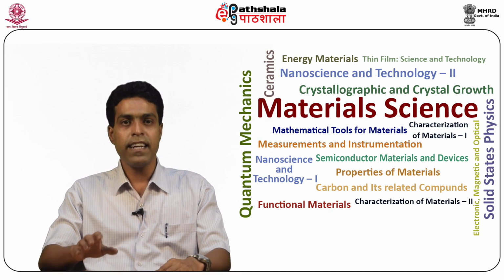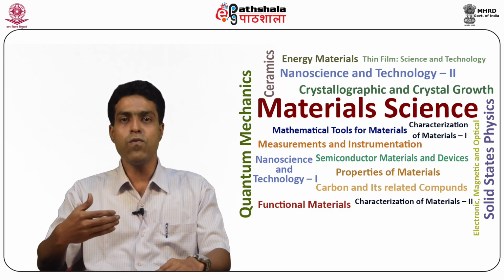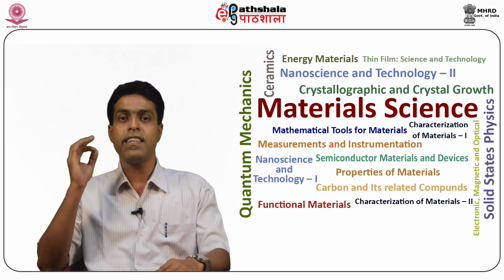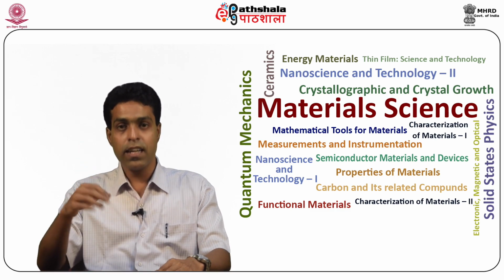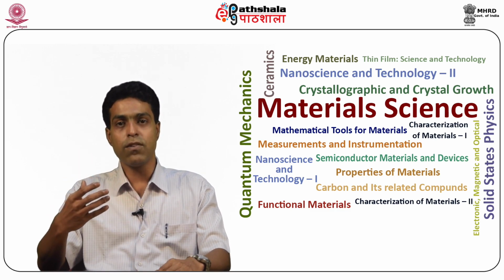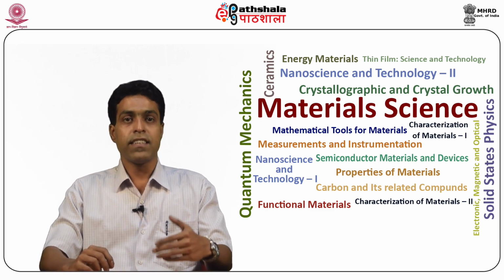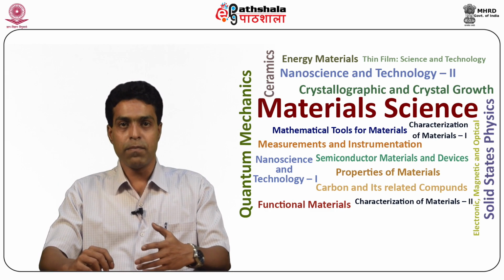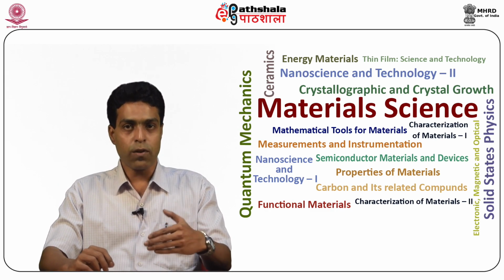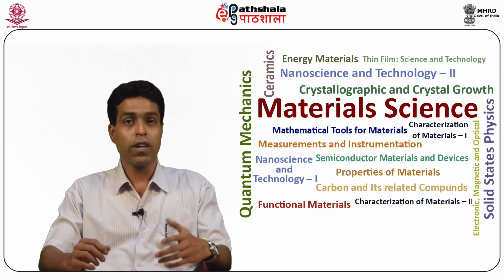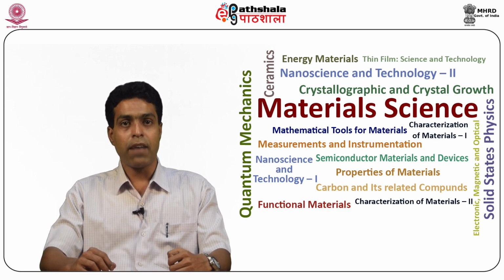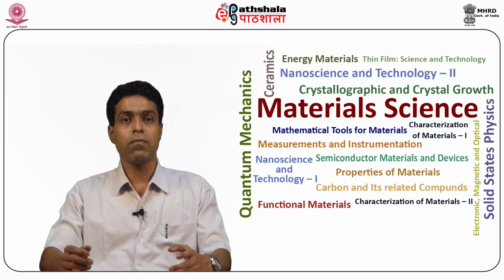He postulated that an oscillator with frequency nu can only take discrete values of energy quanta, given by epsilon n equals n h nu, where n is 0, 1, 2, an integral number, and h is a constant which is now known as Planck's constant, having a value of 6.63 into 10 to the minus 34 joule second.